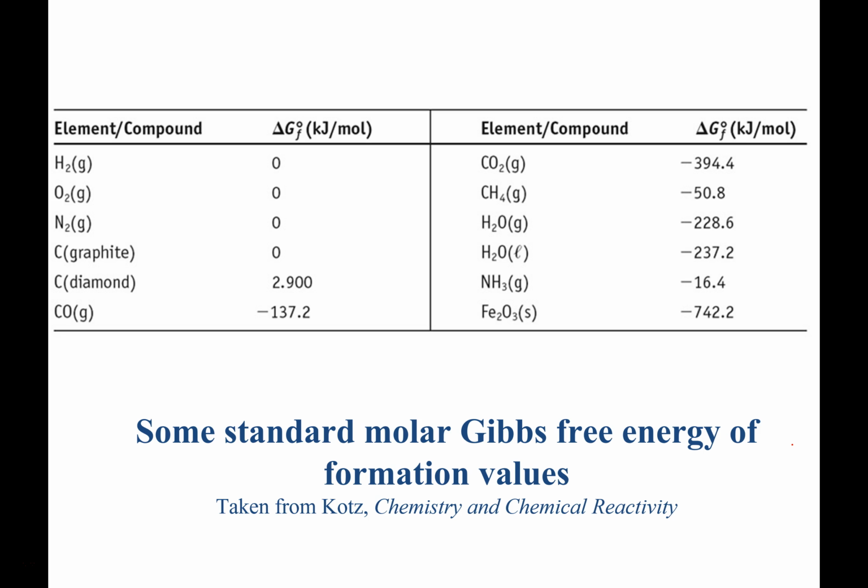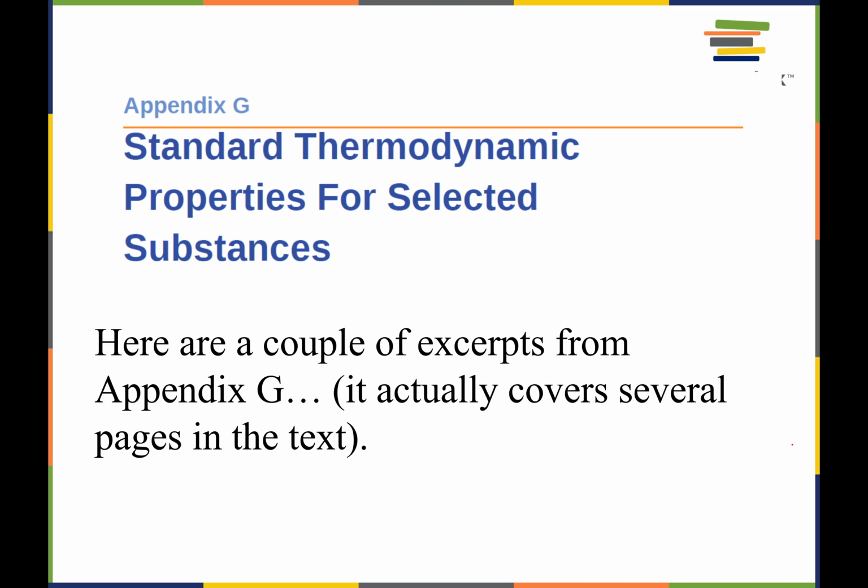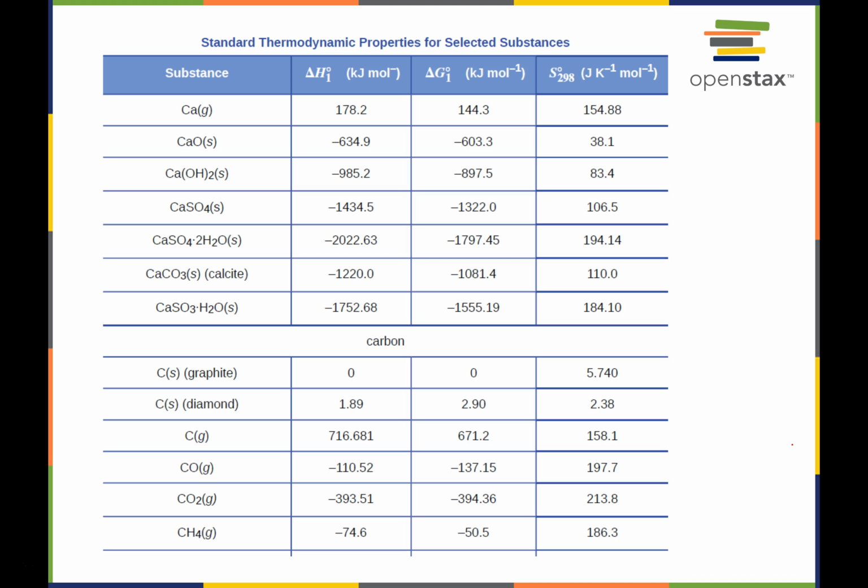Our S's always have to be positive, right? Because everything has a bit of entropy to it, unless it's in its crystalline state at absolute 0. Or these, you can actually get positive and negatives. So that's kind of fun. Again, these are the same tables we looked at before. We were looking at entropy before, and now we're looking at delta G.